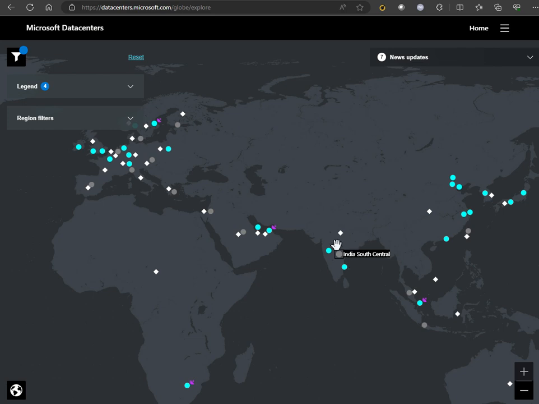Whenever we provision resources, for example, if you have seen Microsoft's portal, portal.azure.com, whenever you create a resource, you are provided an option to select the region, ideally one that is near to you. For example, I am sitting in Bangalore.